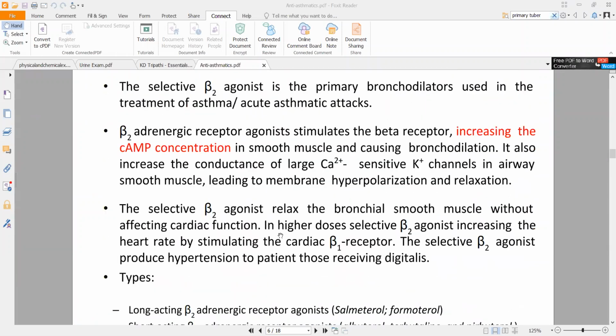So in this case where we are dealing with the bronchi, there is smooth muscle surrounding your bronchioles. If you have any doubts, go look over the structure of the bronchiole. There will be smooth muscle surrounding your bronchi. So what I'm trying to do is increase the concentration of cyclic AMP by giving an agonist of the beta 2 adrenergic receptor, meaning I'm particularly, yeah, thank you son, okay.